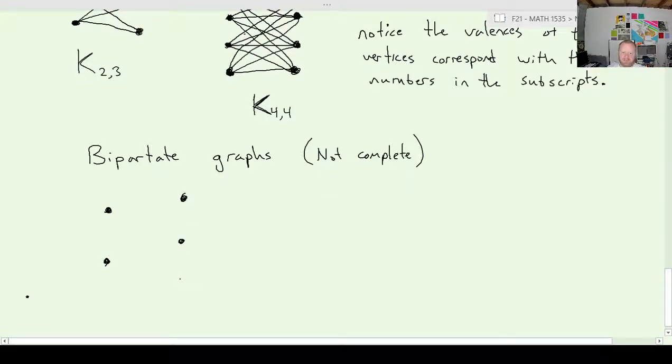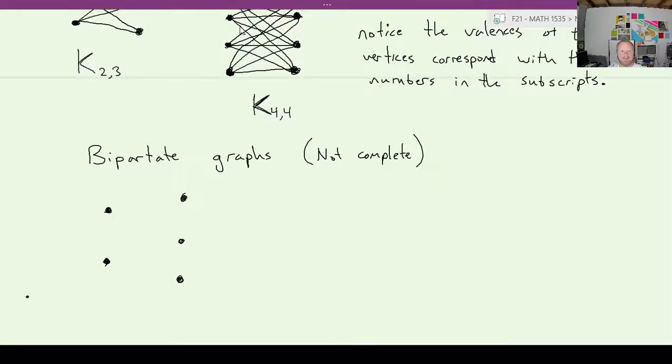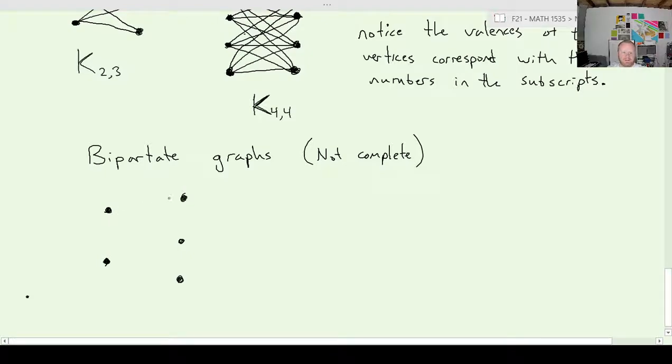So let's use that same setup here where we've got 2 and then 3. Over here I can make these connections from here to here. And then maybe I leave one of these connections out. So it just looks like that. So it's not connected to, well, let's maybe give it one more.